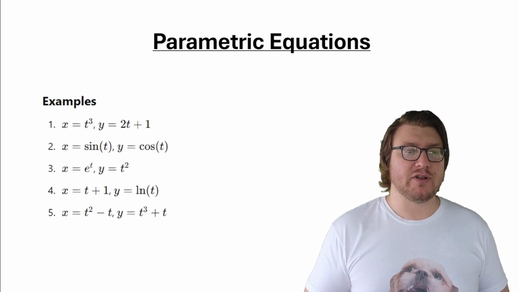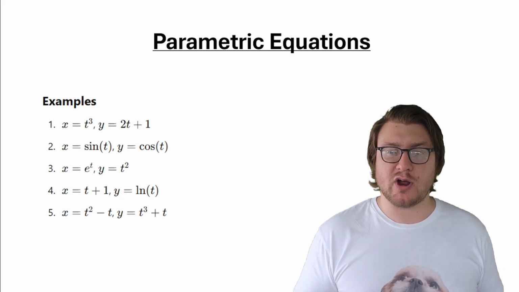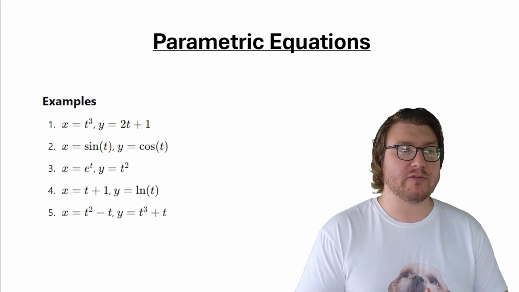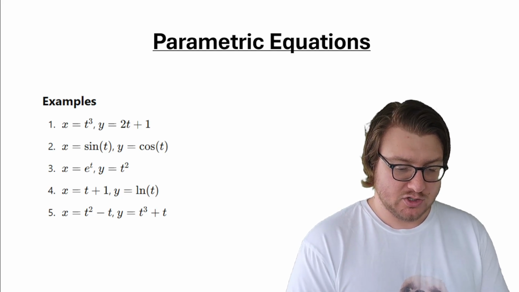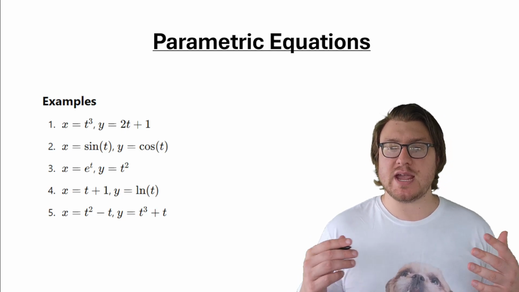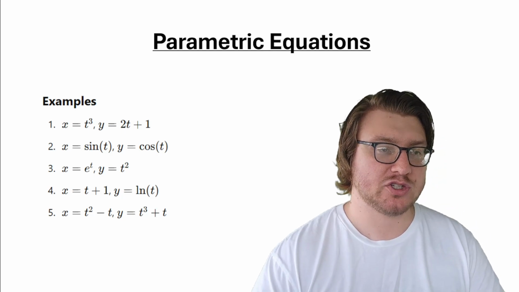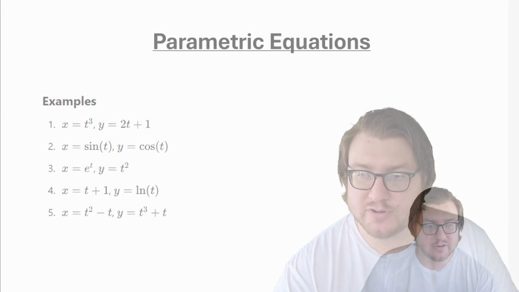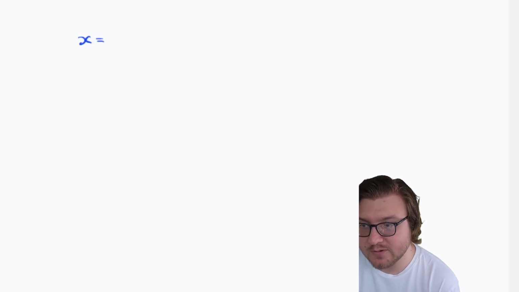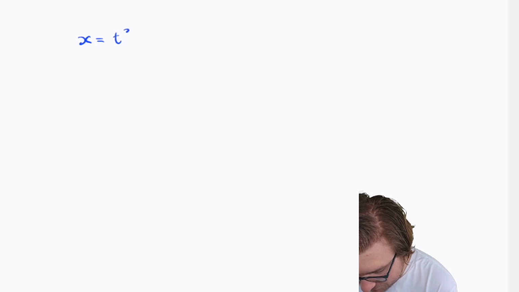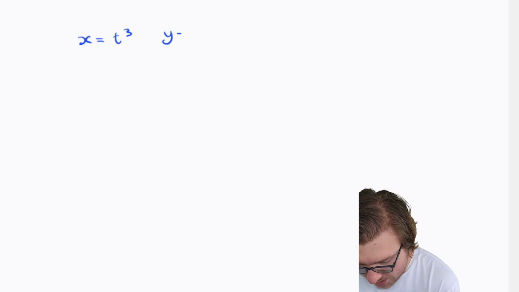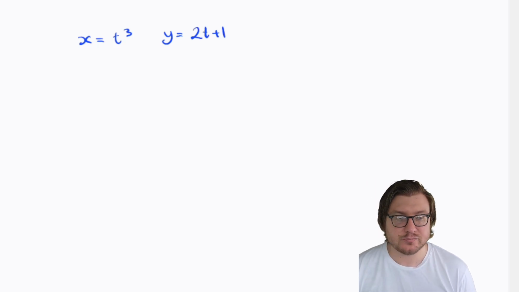Now here are a couple of examples that I would like you to try. We're actually going to do one of these examples together, just so you can also see me using the other way of constructing our own chain rule. So let's have a look at this part here. I will copy the question for you. We had been given x is equal to t cubed, and we've been given that y is equal to 2t plus 1.